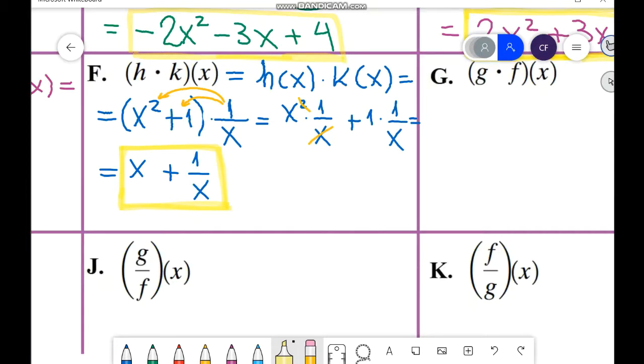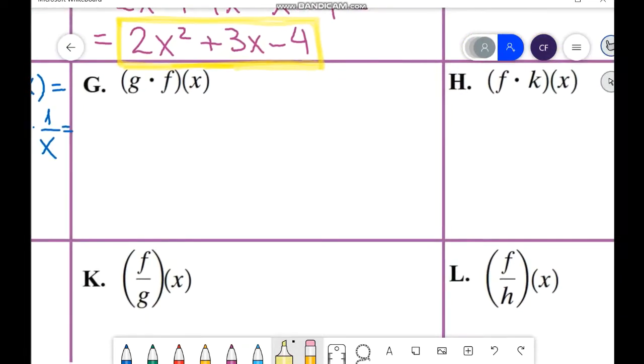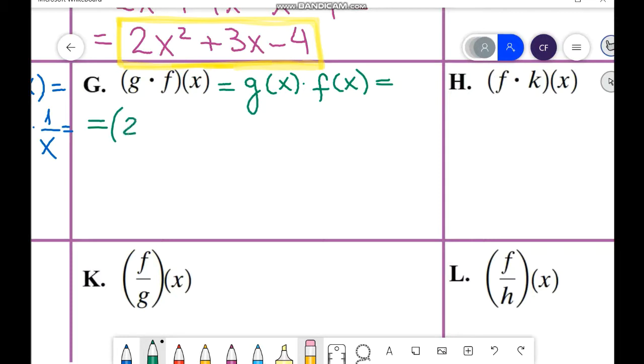Letter G. Now is g times f of x. So let's find here, because we have g of x times f of x. And as I remember, g is 2x squared plus 4x. And f is x plus 4, right?